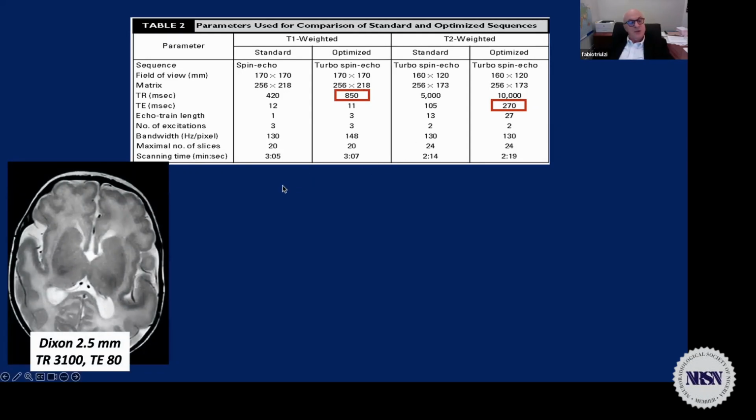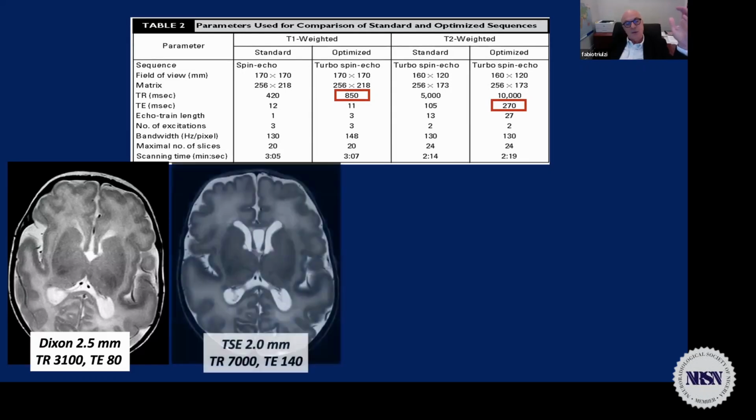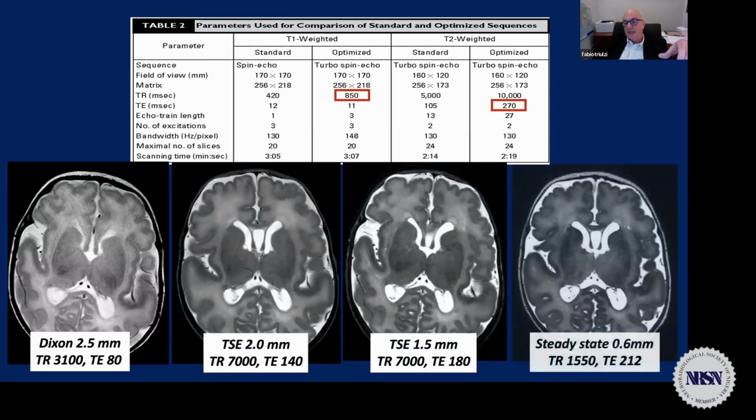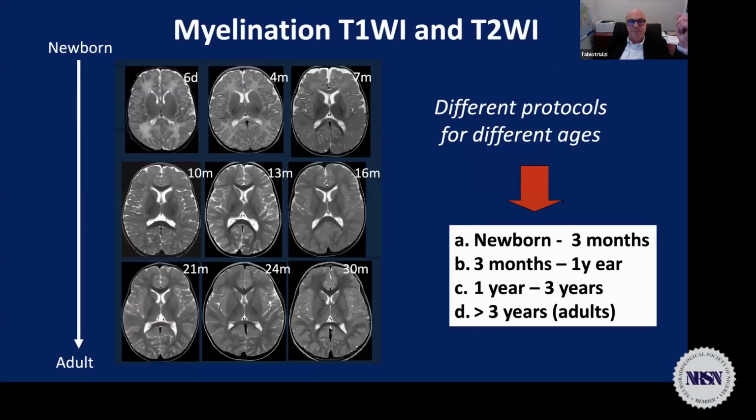In this case, a newborn with a diffuse malformation of cortical development is scanned with a TR of 3000 and TE of 80. The contrast could be quite good, but we can do better with a longer TR and longer TE, and also better with a TE of 180 or a TE longer than 200, in which the contrast is maximized.